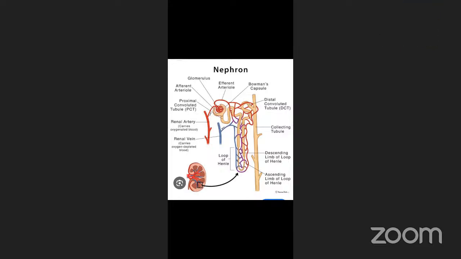So it's true that the structure of the afferent arteriole, the size of the lumen of the afferent arteriole, is wider compared to the size of the lumen of the efferent arteriole.